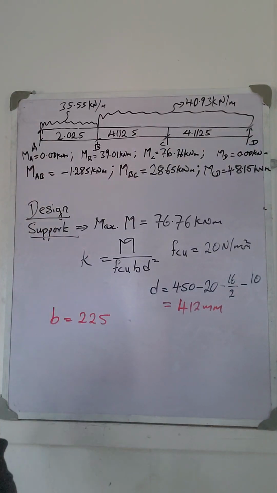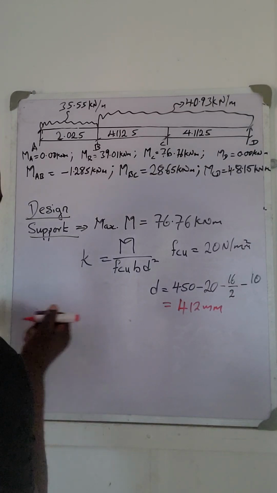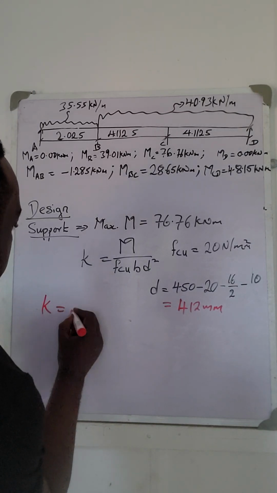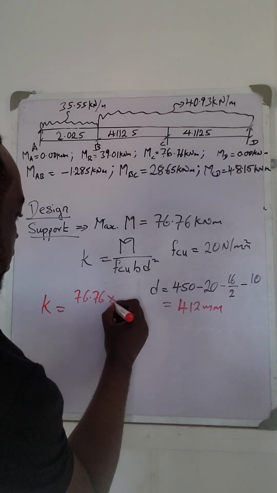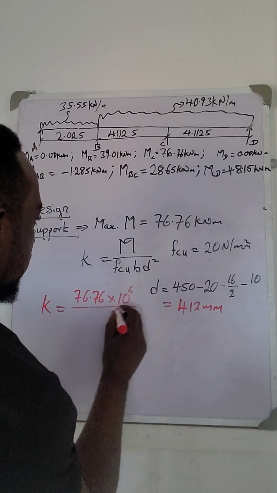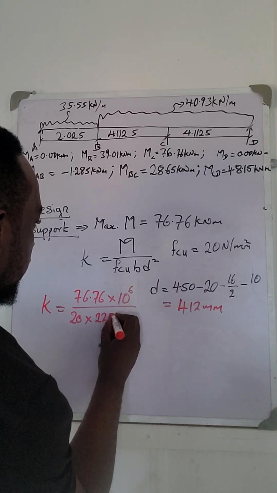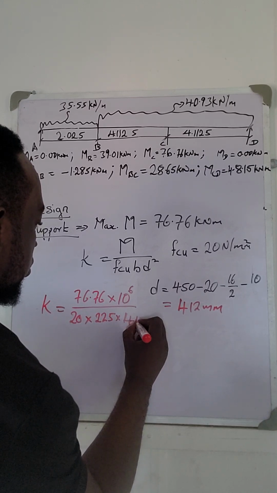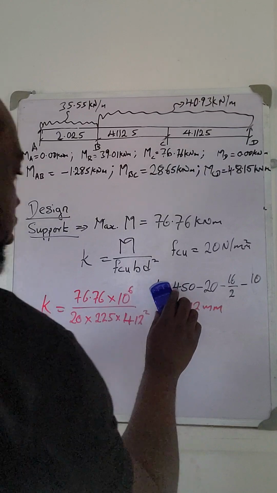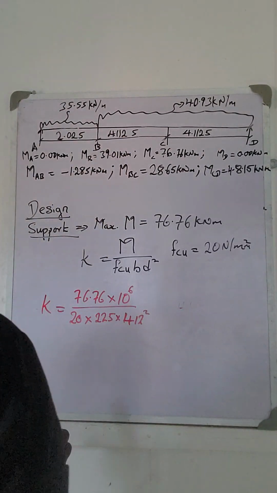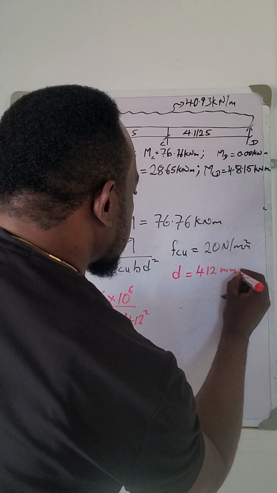When you input that in this formula, we are going to have K equals 76.76 times 10 to the power 6 over 20 multiplied by 225 multiplied by 412 squared. Our d is equal to 412 millimeters.